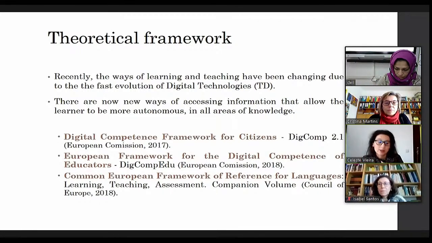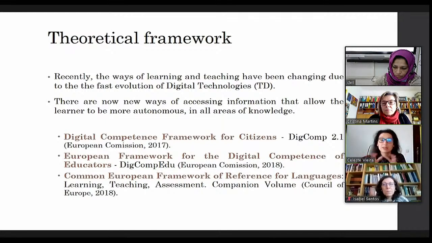And the third one is the Common European Framework of Reference for Languages: Learning, Teaching, Assessment, commissioned by the Council of Europe, a tool for development of linguistic competence in general, and also in the digital context, specifically considered in the more recent 2018 companion volume of this framework.